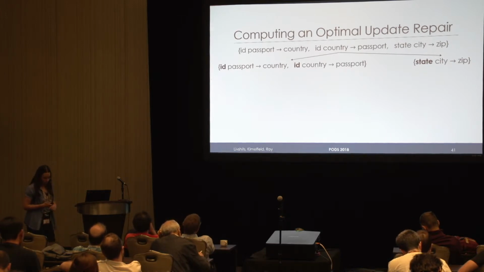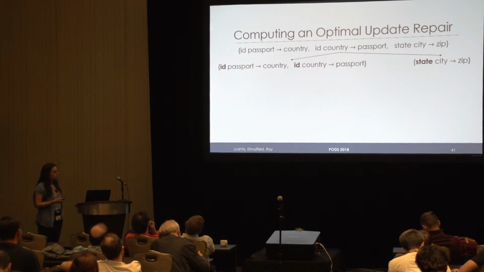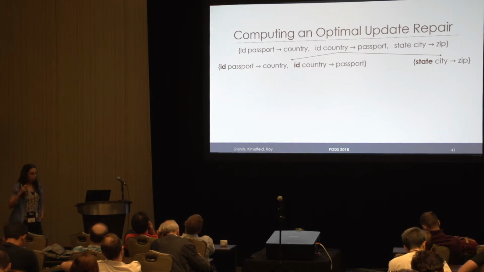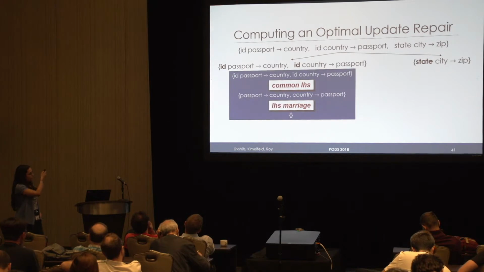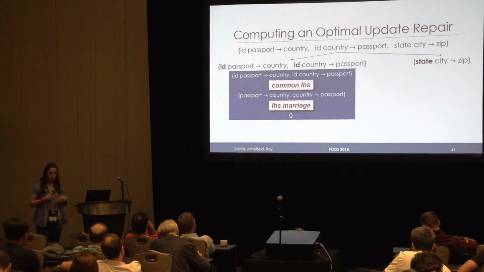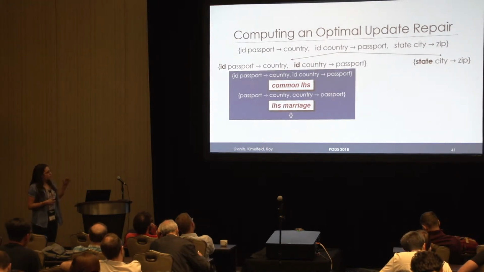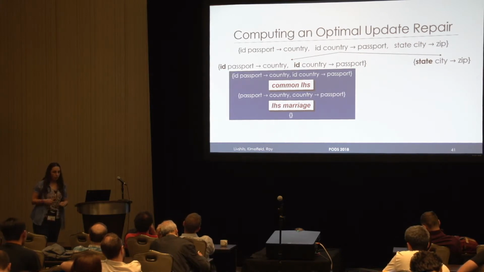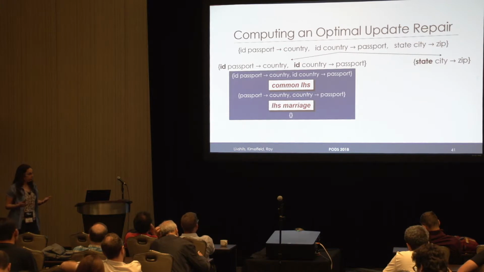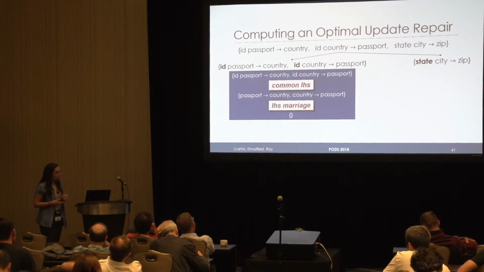Okay, so what we can do is we can use the simplify algorithm that I showed you before. So for example, on the first set of functional dependencies, if we run the simplify algorithm, first of all, we have a common LHS, the ID attribute. And after removing the common LHS, we have an LHS marriage because we have passport implies country and country implies passport.